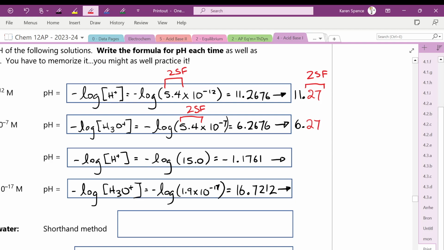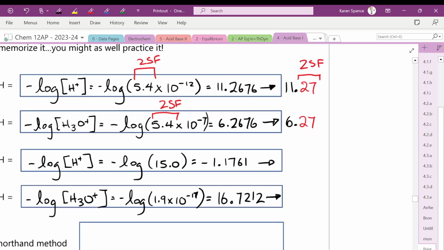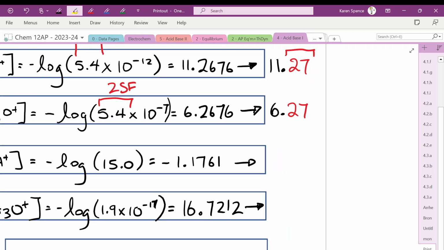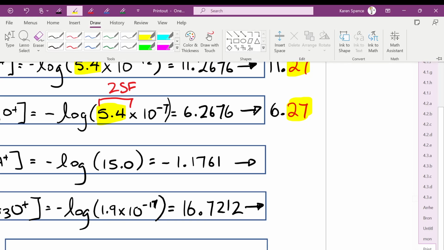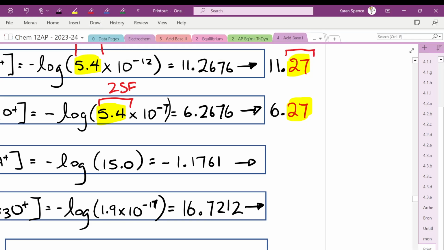Now, one thing I'd like you to notice about these first two is that they actually have the same coefficient, right? They're both 5.4 times 10 to the something. And what do you notice is the same about them? The part after the number, because remember, the first part is the exponent, the part in front of the decimal.